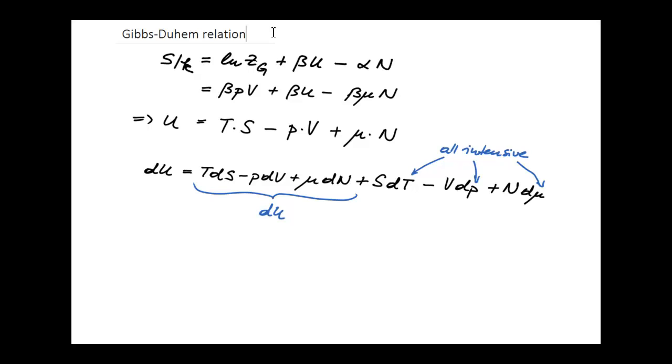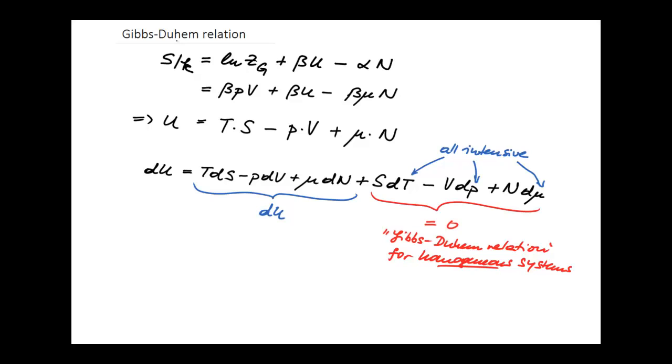Well, if the first three terms already are du, and on the left-hand side we also have du, then this implies that the remaining three terms must add up to 0. And this equation, S dT minus V dP plus N d mu equals 0, is the so-called Gibbs-Duhem relation. It holds, as always, for homogeneous systems only.